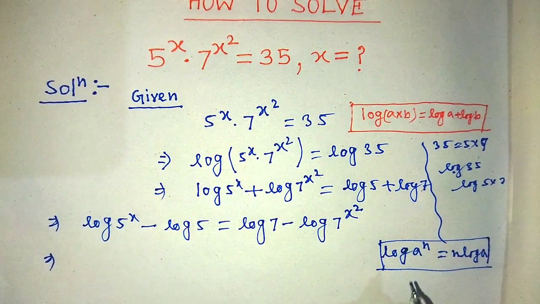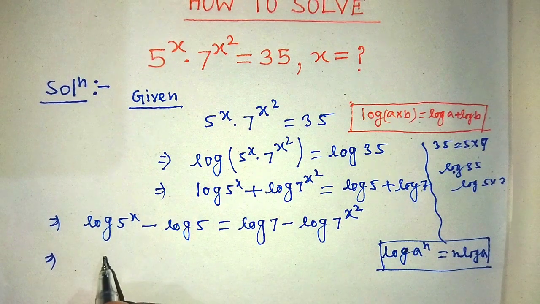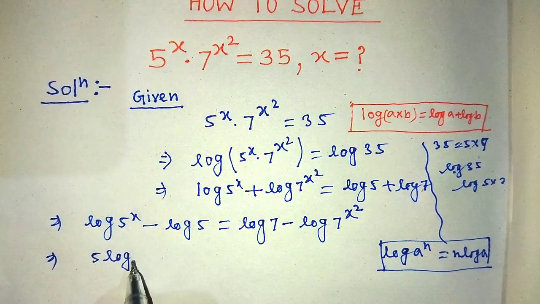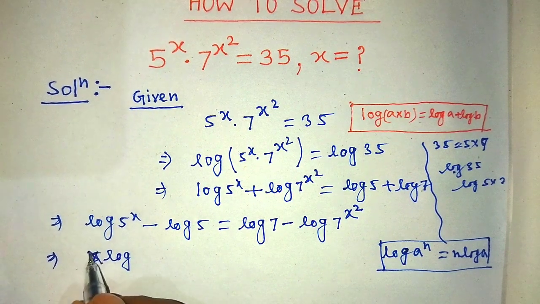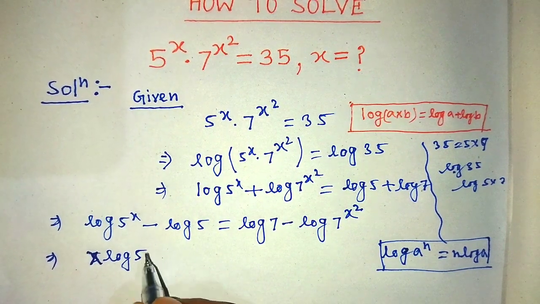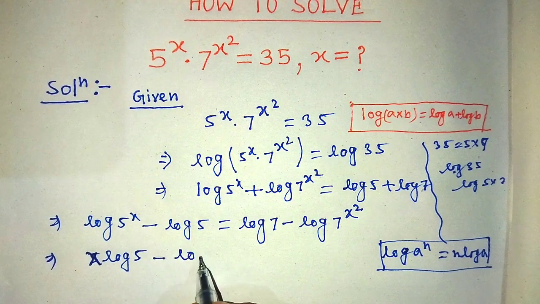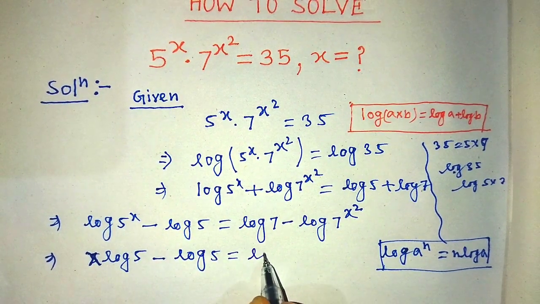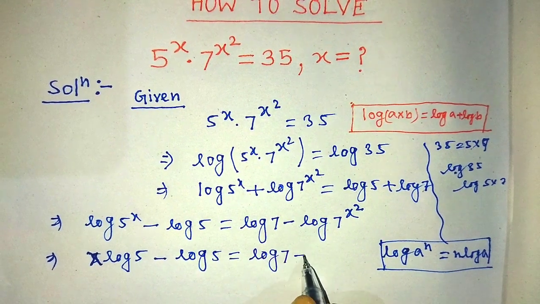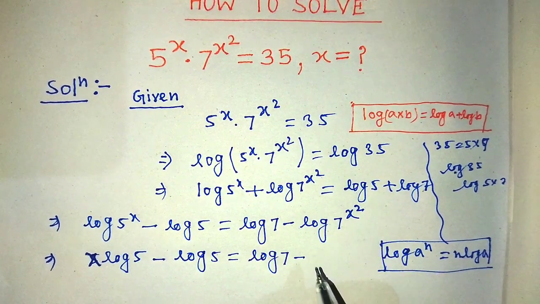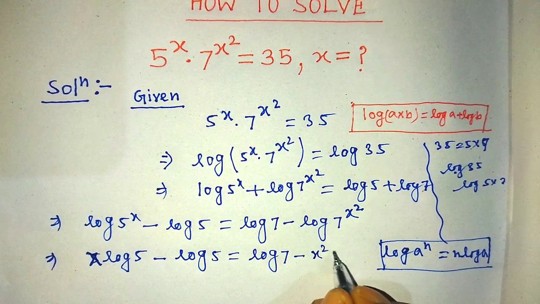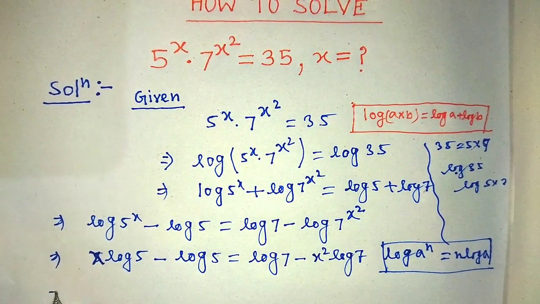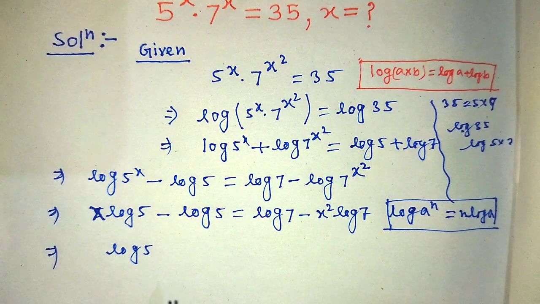So after applying this formula on both sides, we write on the left hand side x into log of 5 minus log of 5 is equal to, on the right side we have to write log of 7 minus, after applying this formula, x square into log of 7.